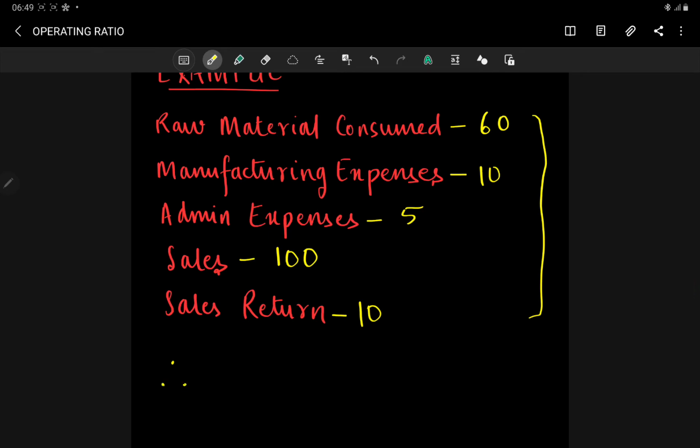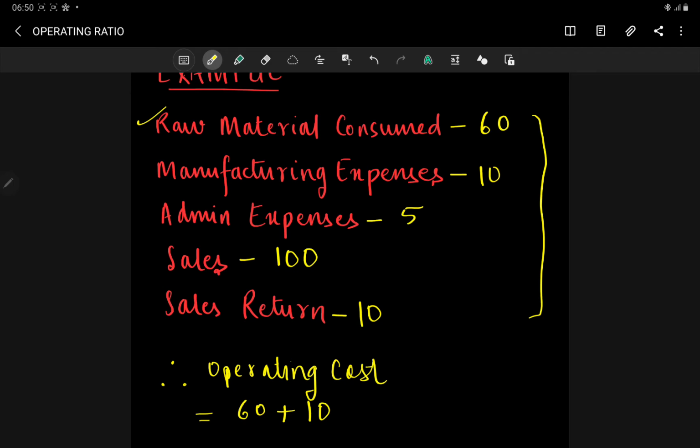Operating cost would be nothing but raw material consumed, which is 60, plus manufacturing expenses.